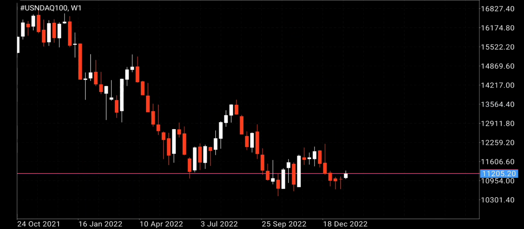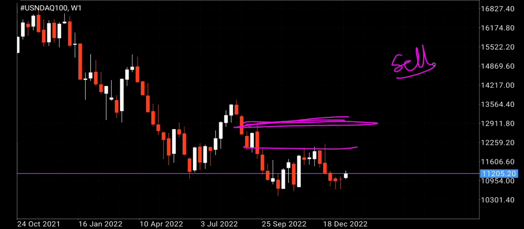And on the weekly, that's where it gets interesting, right? If you've been on this channel for at least 2 months, you will remember when the price was hitting this resistance, and I was calling for shorts, saying you can sell from that area of resistance, because it's an area of resistance. We are bearish.